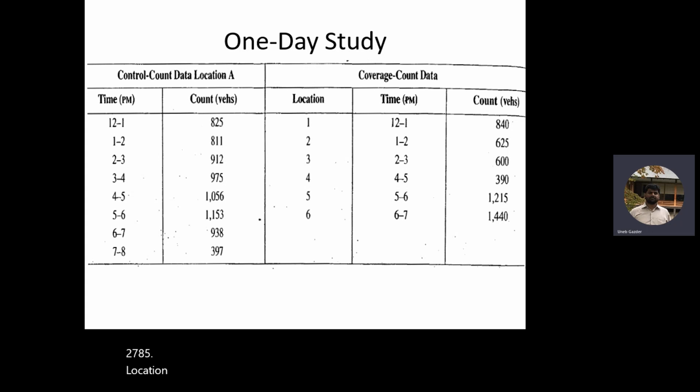Location 4, 390 upon 1 over 0.1. 0.15. The sixth is 8,100.